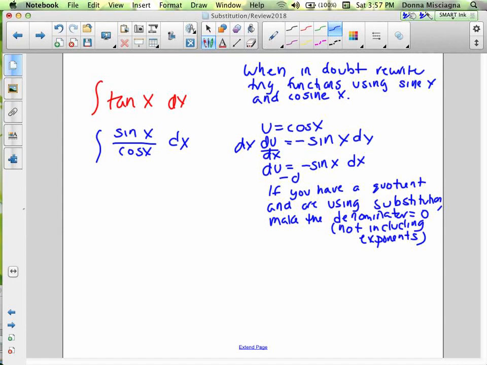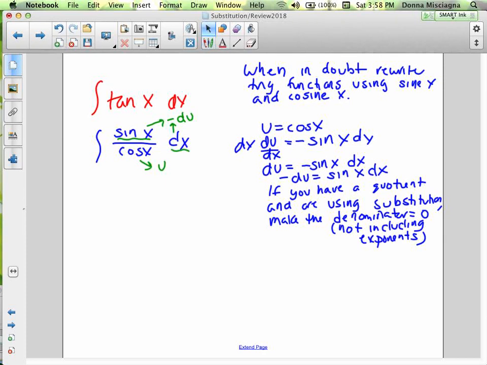So negative du equals sine x dx. So this becomes negative du, and then this becomes u.